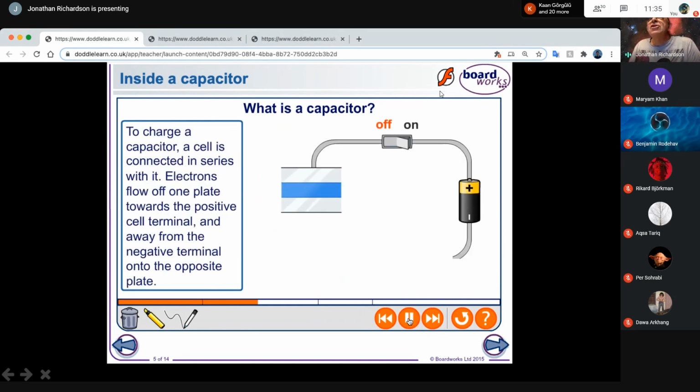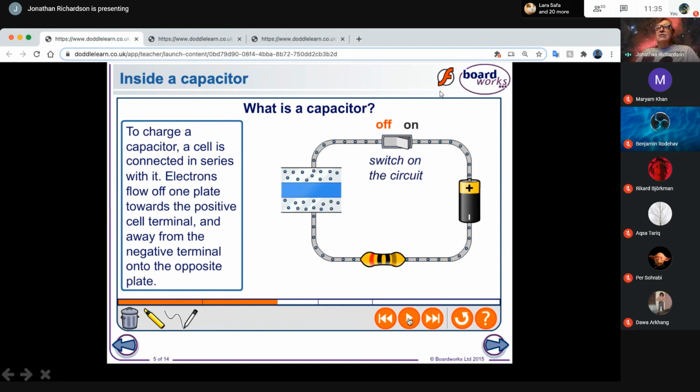And to charge a capacitor, what we need to do is look at the distribution of electrons. And what we can see in here is that the electrons in this circuit, when I connect a battery, are equally distributed.